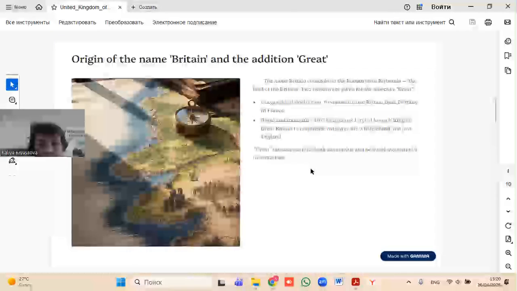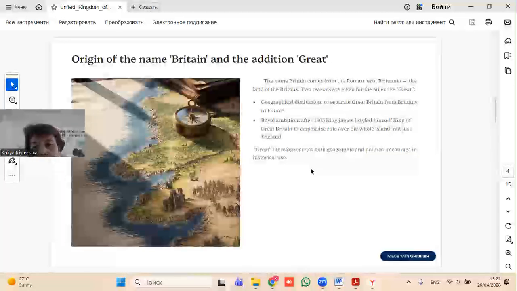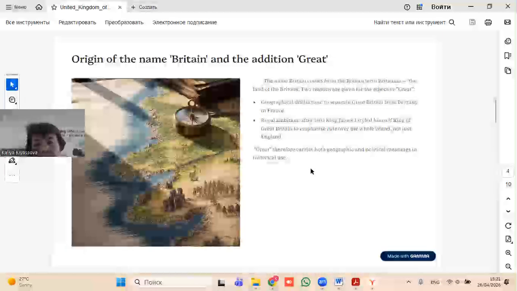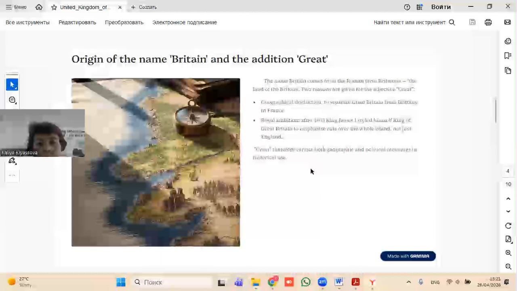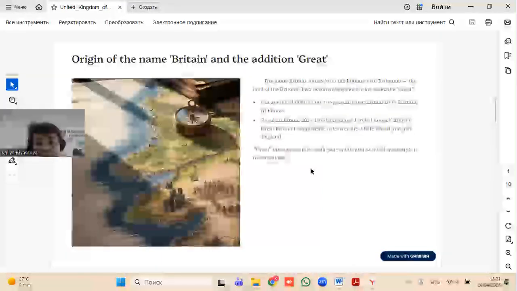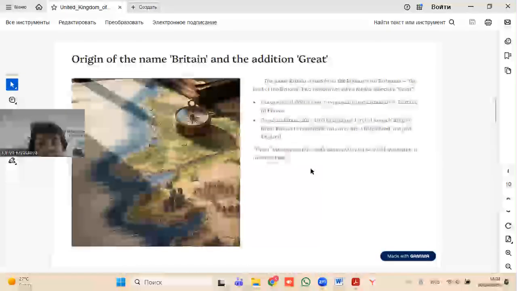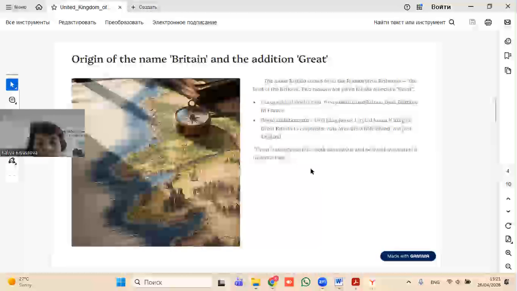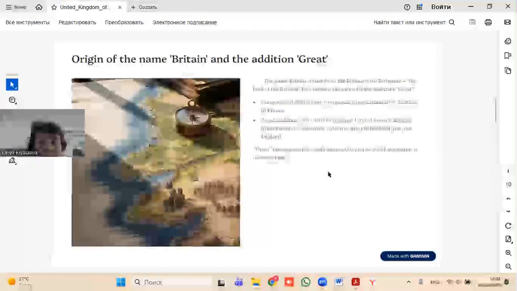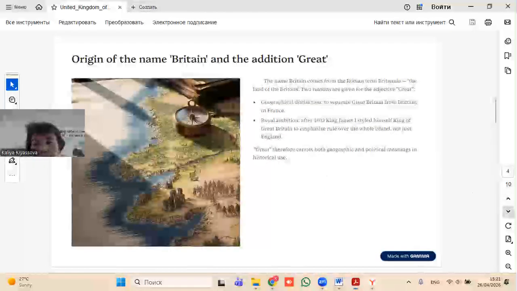And the second is royal ambition. After 1603, King James I styled himself King of Great Britain to emphasize rule over the whole island, not just England. Great therefore carries both geographic and political meanings in historical use.